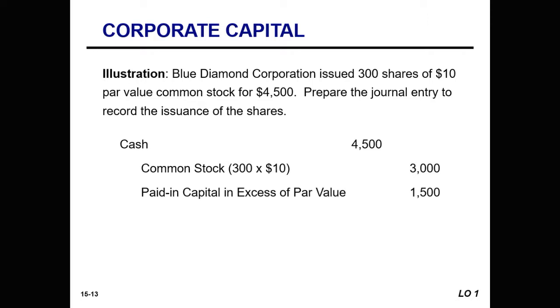Given this information in front of you, I want you to take a moment, using basic critical thinking skills, to calculate how much per share at market value these shares were issued at.